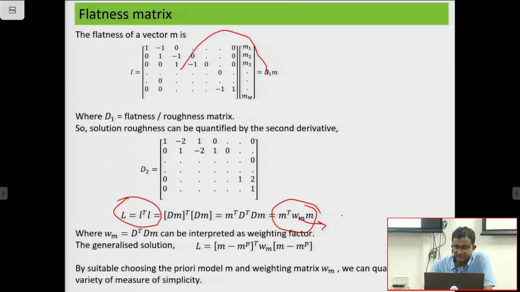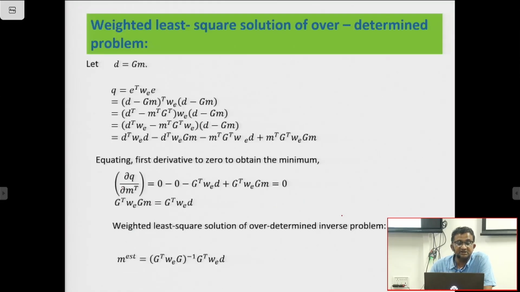So finally we can express the cost function of the length, and the weighted least square solution can be seen as follows. Let us say EQ is your misfit and ET is your error, so d minus Gm is your normal error, d minus Gm transpose, and WE is the weighted error associated to the data. So we can express d minus Gm transpose WE d minus Gm, and by solving this, setting the first derivative equal to 0, we get the estimated solutions.